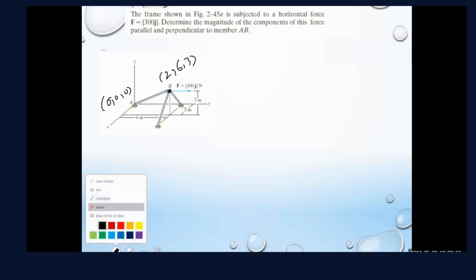The formula you can see is the same. So can I calculate the position vector A to B? What is r AB? Final minus initial. So it will be 2i plus 6j plus 3k, right? And then I need to get the unit vector from here, so first get the magnitude.